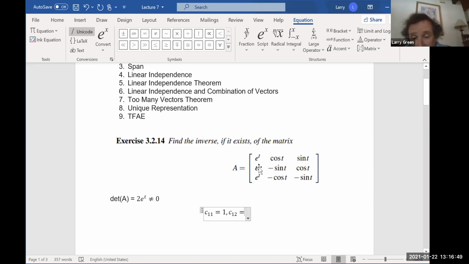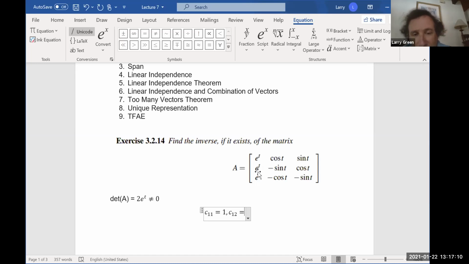Okay, and when you do that, you get e to the t times negative sine of t minus e to the t times cosine of t. And since it's at the 1, 2, which is 1 plus 2 is odd, we multiply by negative 1. I'm going to pull out an e to the t.